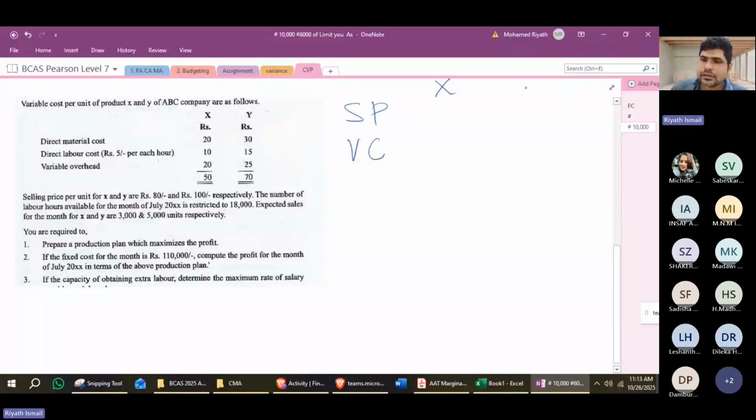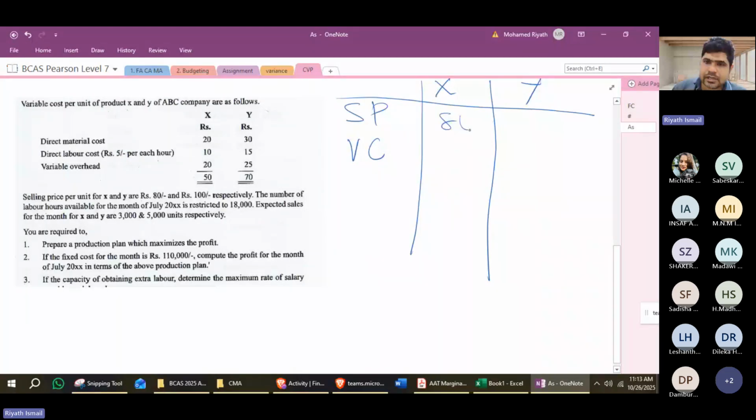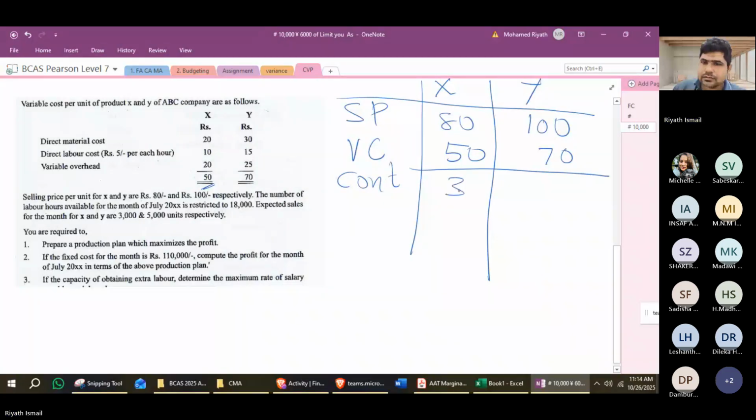Product X and product Y: selling price 80 and 100, variable cost 50 and 70. Then the contribution for X is 30 and for Y also 30.